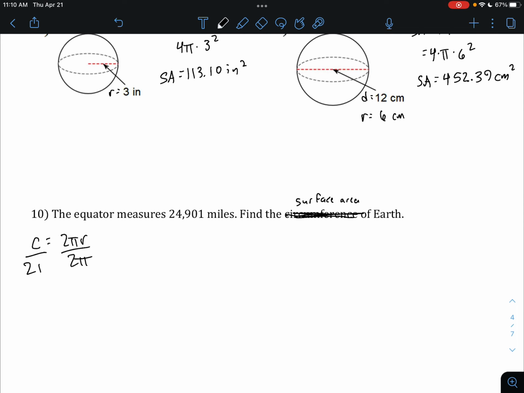So if our circumference, 24,901 miles, is 2 pi r, we can get our radius by dividing by 2 pi, which should give us a radius of approximately 3,963 miles, roughly.